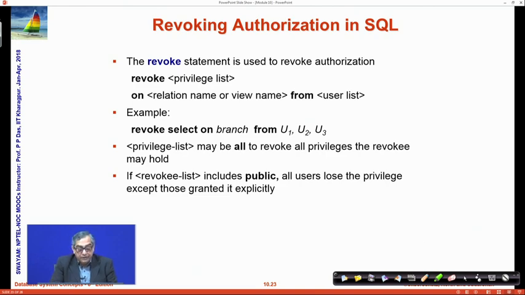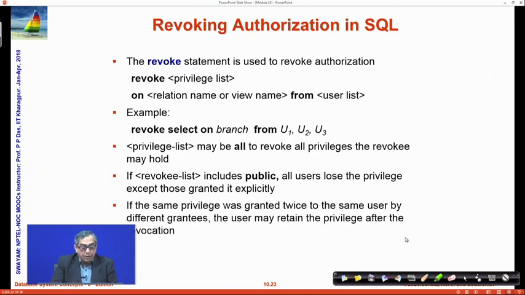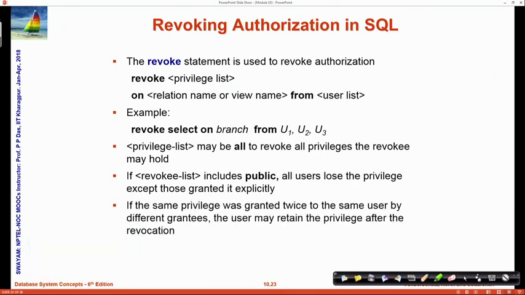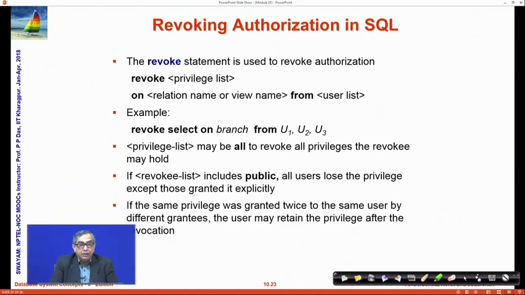The list of revoking can include public, which means all users lose that privilege, and also those who are granted. Now it is possible that a user gets a privilege granted by two different granting authorities. Then if one of them is revoked, the other will still continue to remain.